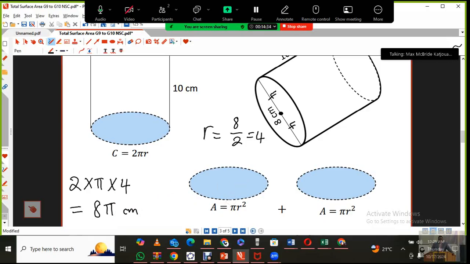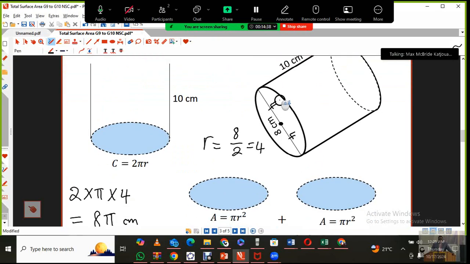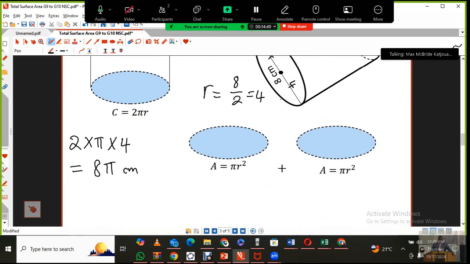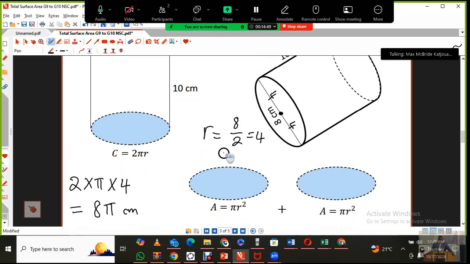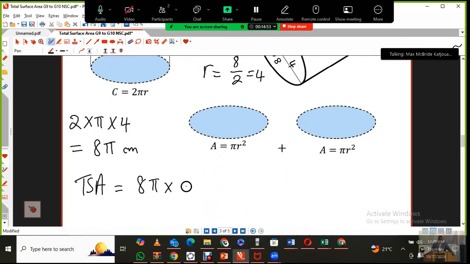Because the formula says the perimeter of the base, now we're going to multiply it with the height. So total surface area is the perimeter of the base, which is 8 pi, multiplied by the height. What is the height of this? 10. So multiply it by 10, plus 2 times the area of the base.